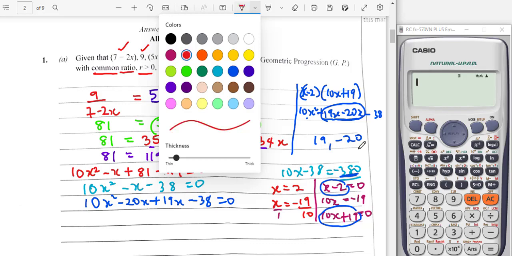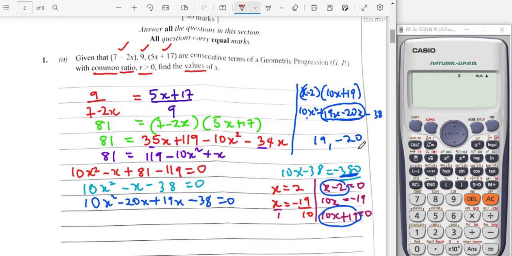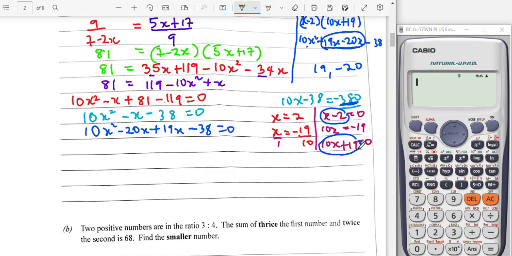I used the calculator to find the factors. I didn't want to think a lot. So let me try to make it a little bit simple. So I'm going to have 10x squared minus 20x as 1. Okay, then I have plus 19x here minus 38 as 1 equals 0.